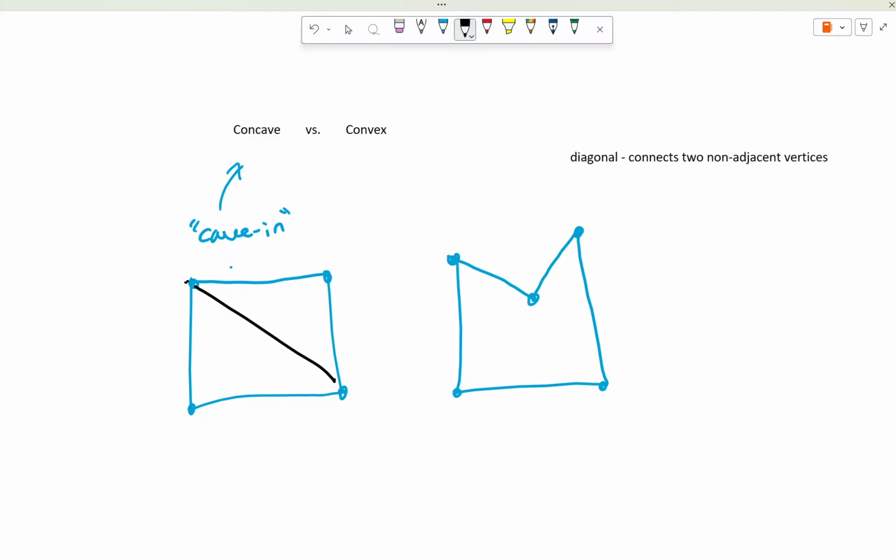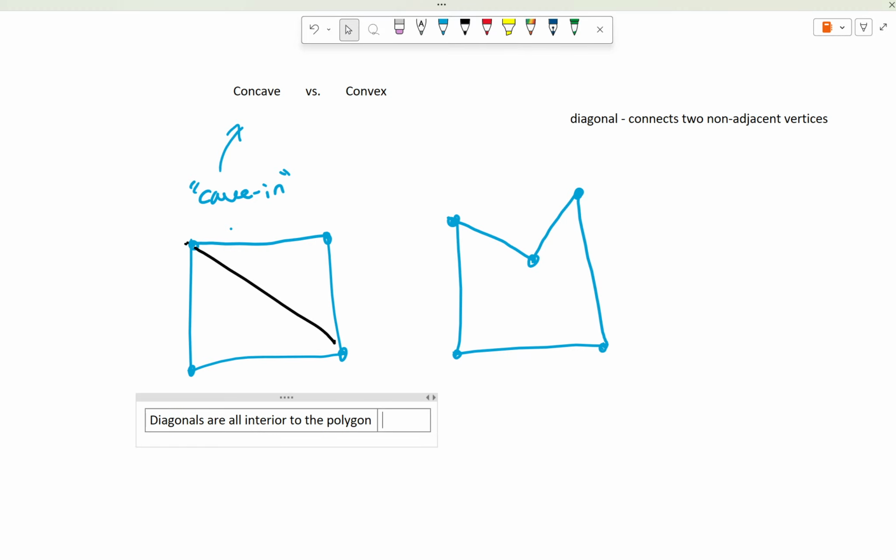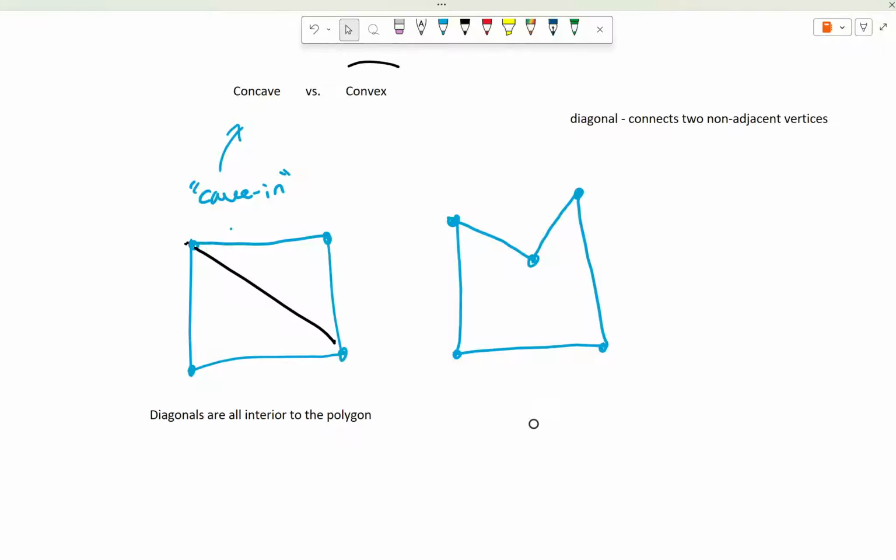When we have concave versus convex polygons, with a convex polygon the diagonals are all interior. Gentlemen, this one's convex. This one's concave. My apologies, I'm doing everything backwards here.